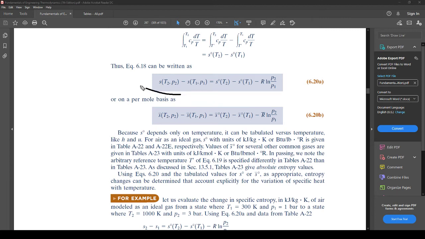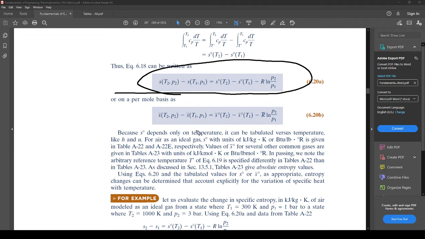This right here is the one that we need to know. Or on a per mole basis, use this one right here. Remember, R on the mass basis is R bar divided by the molecular weight, which is why it's R, not R bar. R bar here just means the universal gas constant.